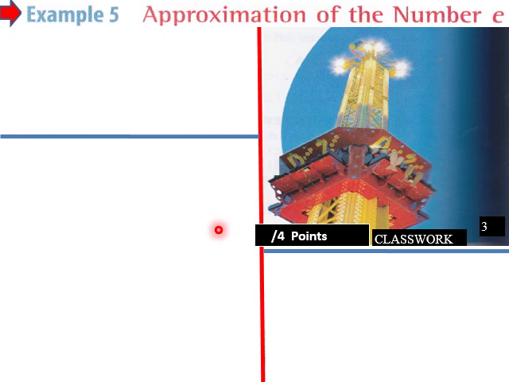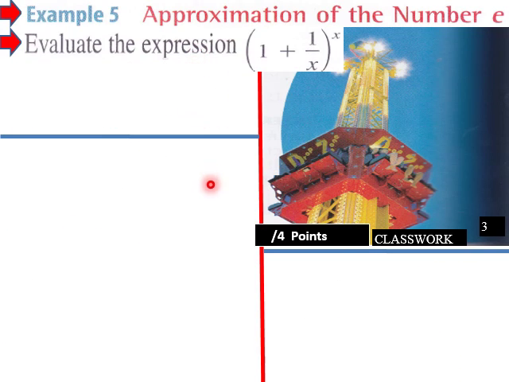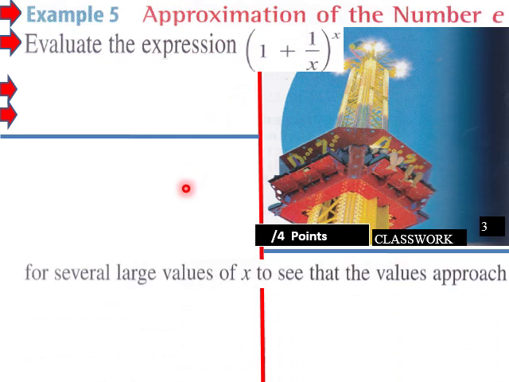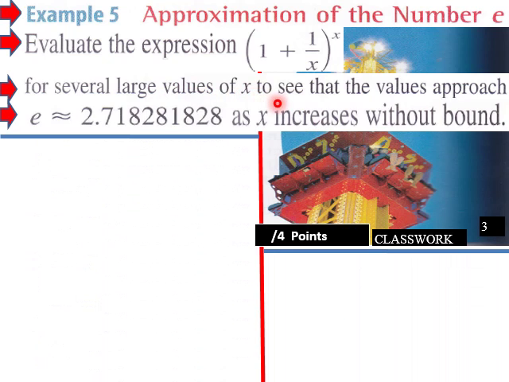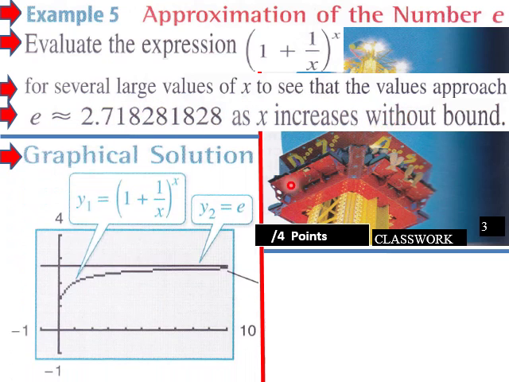Okay, let's go right into example 5, approximation of the number e. Here is our equal expression for that. For several large values of x, see what the values approach. See that the values approach this number here as x increases without bound.